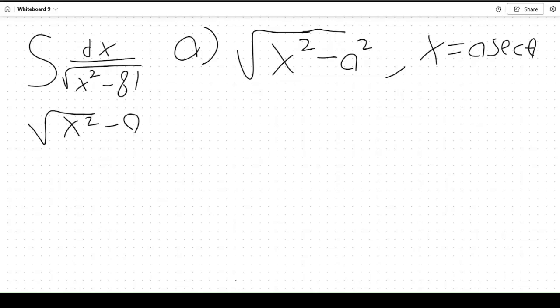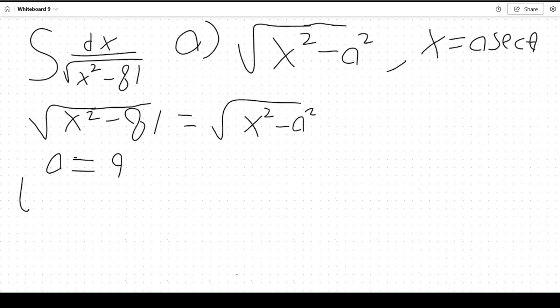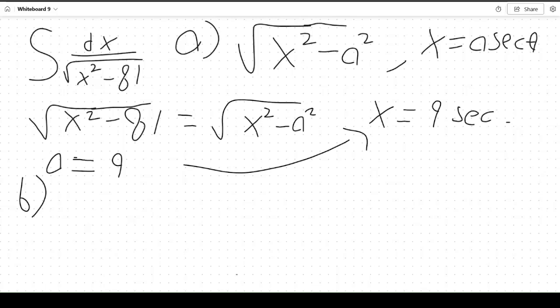Set these equal to each other. In this situation a would be 9, because 9 squared is going to be 81. So the a would automatically be 9. So now the x would be equal to 9 secant theta.